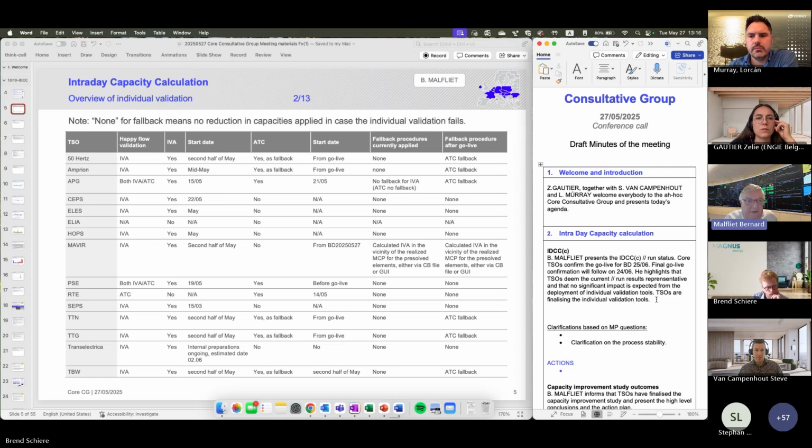So in a way, the IDCF is already including a lot of the remedial actions which are necessary for operational security. But it can still happen, of course, that you end up in a point where the operational security is jeopardized. So saying that there will be no validation, I cannot say that, but the estimation is that it will be limited. Which concluded us to say that parallel run results for us are relevant, are representative.